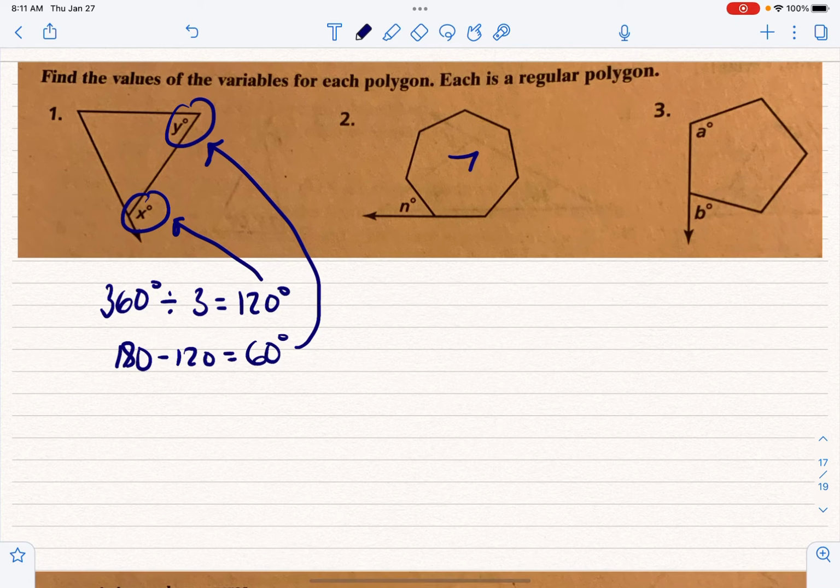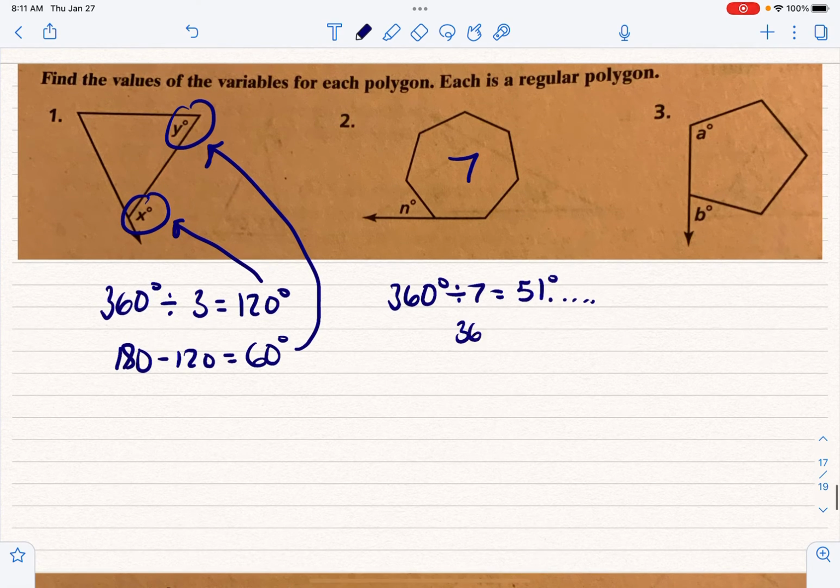Okay, this next one, 7-sided. Okay, and so we got to go 360 divided by 7, which is what, 51 something, or you could say it's 360 sevenths, and that's what that angle is. If you approximate it, it's something like this, or it's this. Okay.